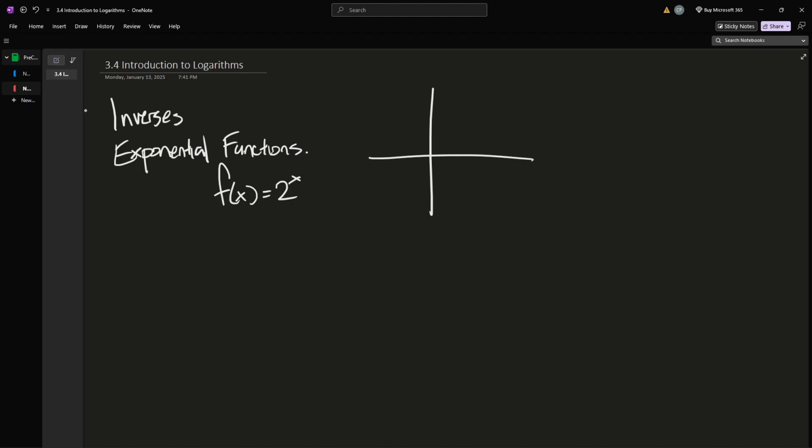With 2 to the x, I'll just make a little table right here. X and y, or y in this case is equal to 2 to the x. Let's plug in some points. We have -2, -1, 0, 1, and 2. 2 to the -2 power, a quick little reminder. If you have a value to the -2 power, that's equivalent to making it 1 over this whole thing, but with a positive exponent.